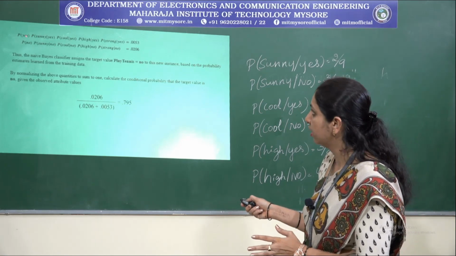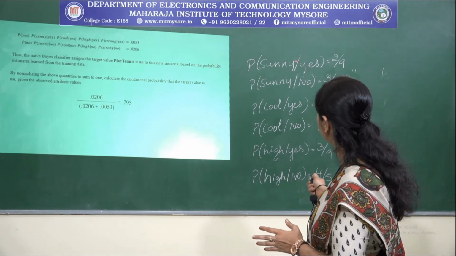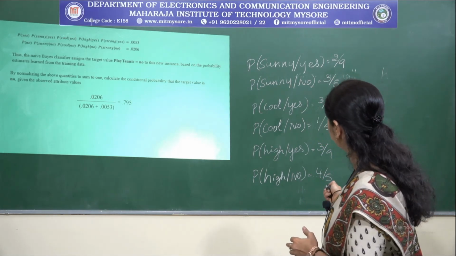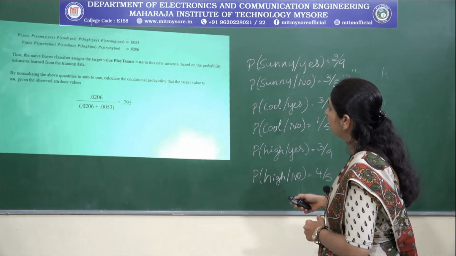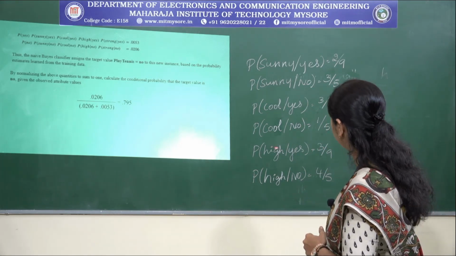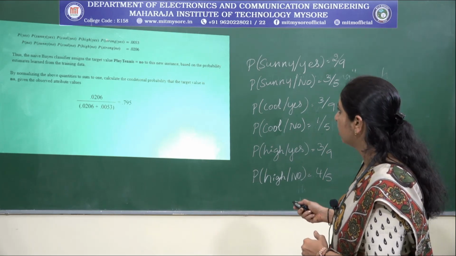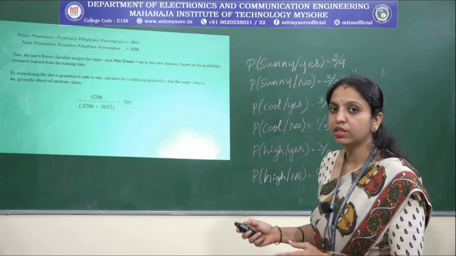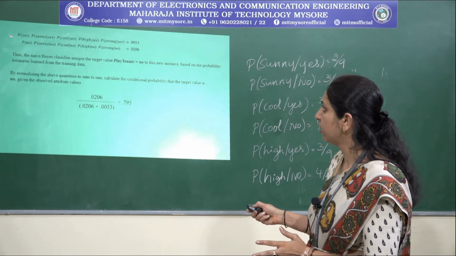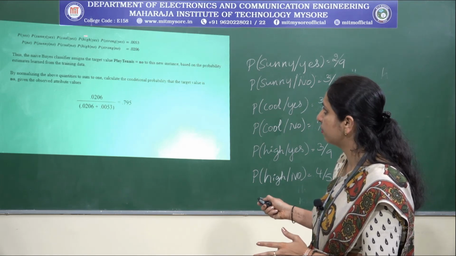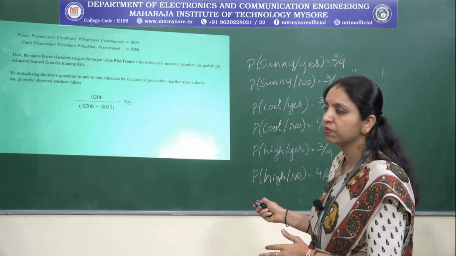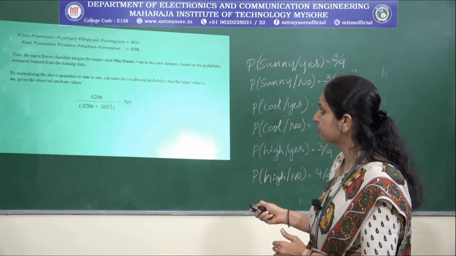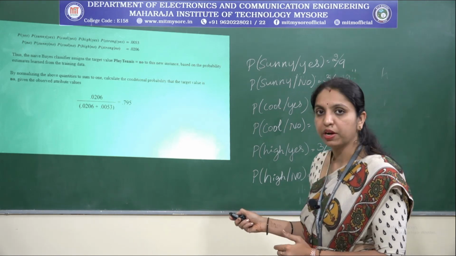Probability of sunny given yes is 2 by 9, probability of cool given yes is 3 by 9, probability of high given yes is 3 by 9, and strong given yes, as we have already calculated in the earlier slide. All these values should be substituted. Finally, we multiply all these conditional probabilities, and we get 0.0053.